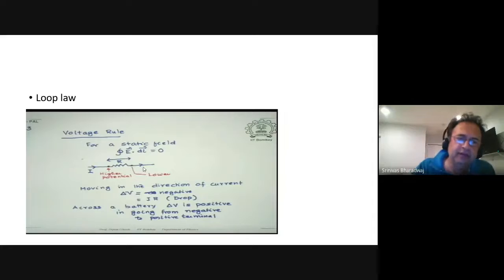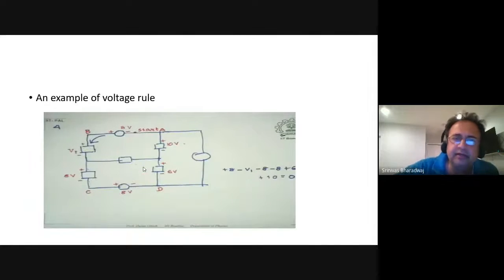If the current was said to be the other way, then you say plus IR. That's the important idea there. Now here is an example. He is going once around this loop.